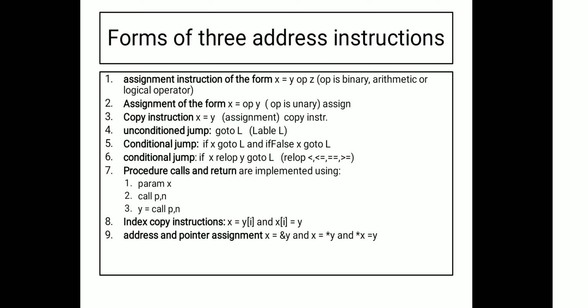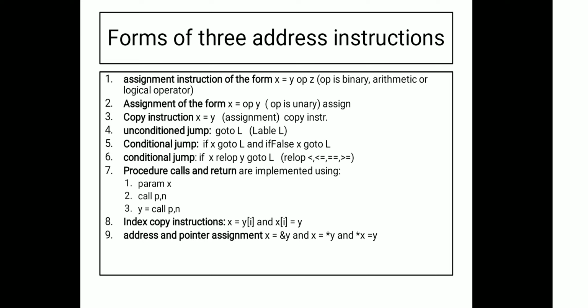Then assignment of the form x equals op y, where op is a unary operator, for example x equals minus y. This is also called a 3 address instruction. Copy instruction: x equals y. Unconditional jump: go to L, which is also a 3 address code instruction.